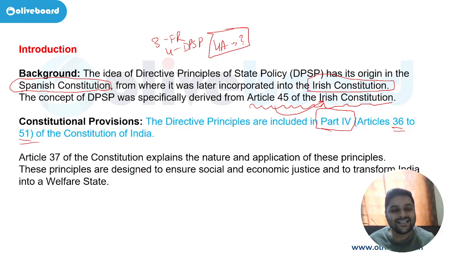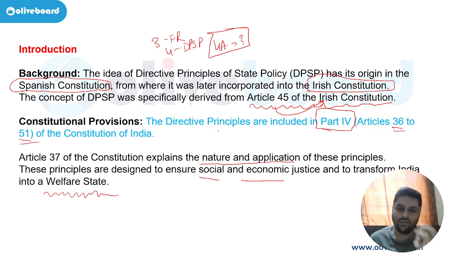So, Article 37 of the Constitution explains the nature and application of these principles. What is the nature? How are they? What types are they? Are they enforceable? Are they not? All those things are in Article 37. These principles are designed to ensure social and economic justice to transform India into a welfare state. What is a welfare state?